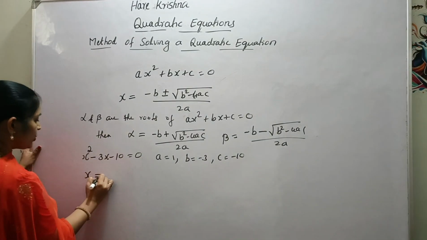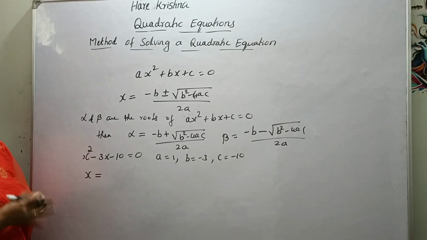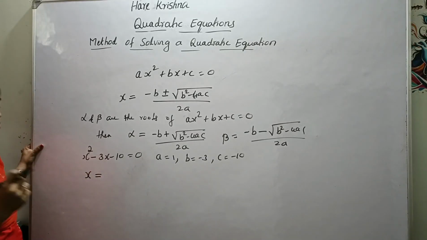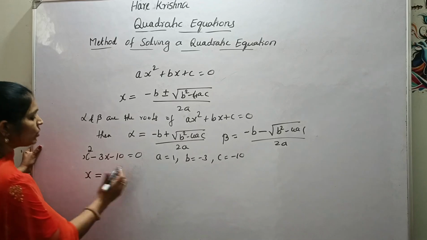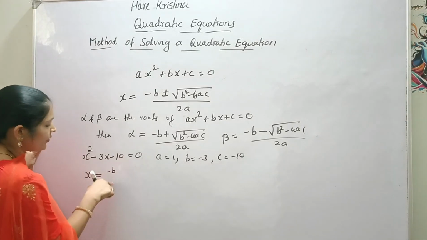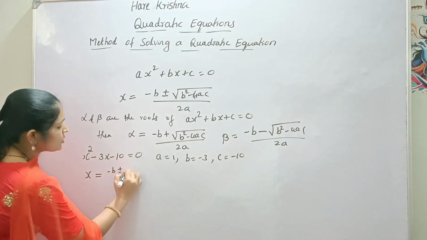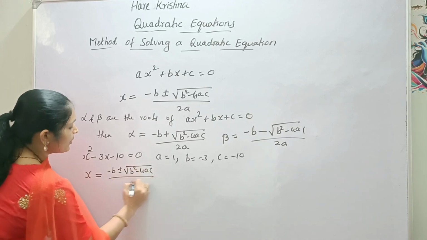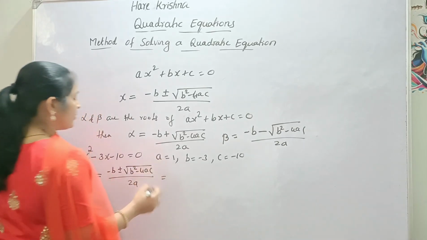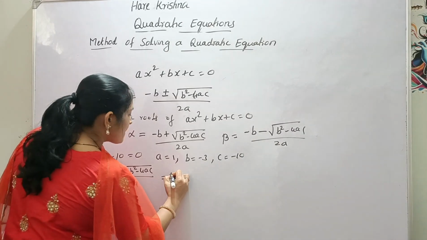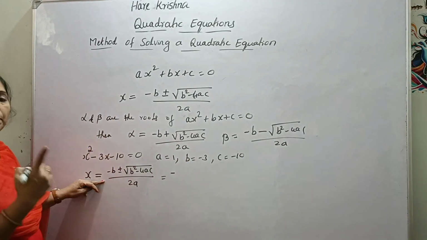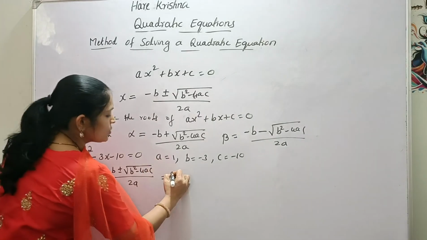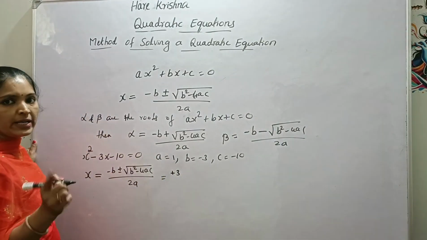x means roots, and here we will get maximum 2 roots. First let's write the formula: x is equal to minus b plus or minus root of b square minus 4ac divided by 2a. Minus b, what is the b value? Minus 3, so minus into minus gives plus 3. Don't be confused about minus plus.